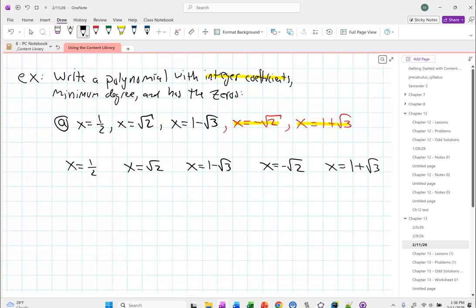So the way I'm going to do that is I'm just going to subtract the 1/2 over to the other side. That creates a polynomial that's equal to 0. Is everybody okay with that? And I'm going to do that for each of these.